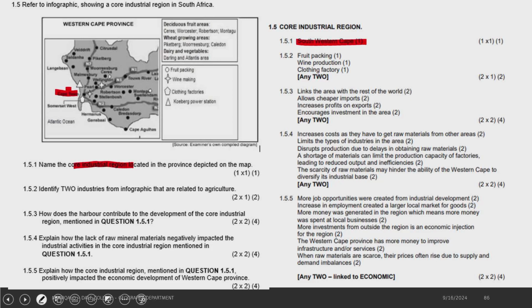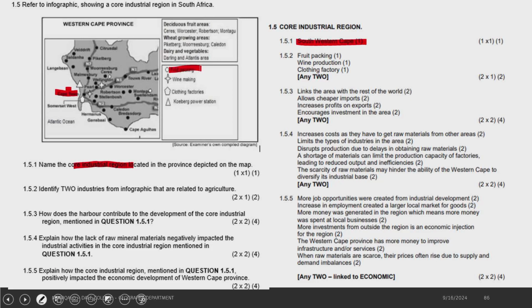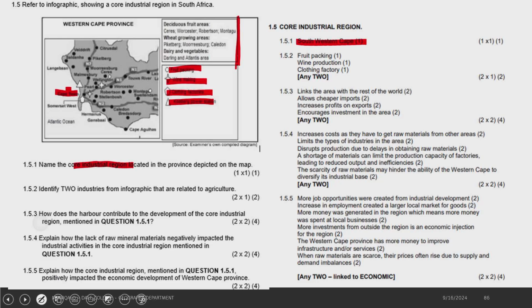It says industries, it doesn't say types of products or anything. So these are the industries over here: fruit packing, winemaking, clothing factories, Koeberg power stations. These are products that are used or manufactured in the industries, so raw materials. So that's why we've got fruit packing, the wine industry, and the clothing factory.